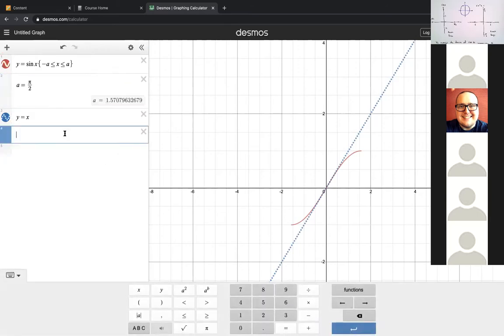Okay, so sine inverse is usually called arc cosine. Or, excuse me, I'm getting ahead of myself. It's called arc sine. So you can write it two ways. You can put a minus sign in the exponent to represent an inverse.